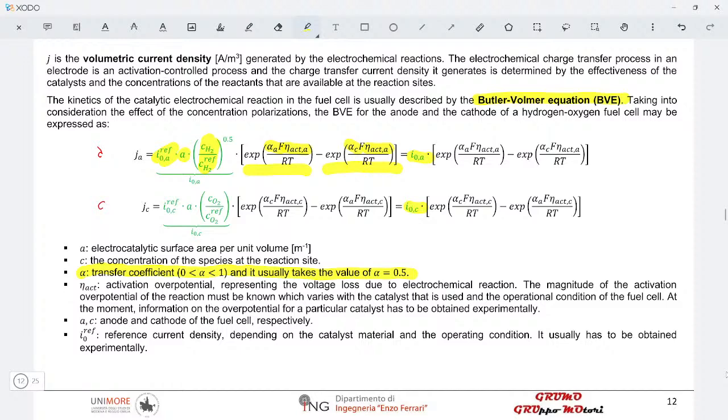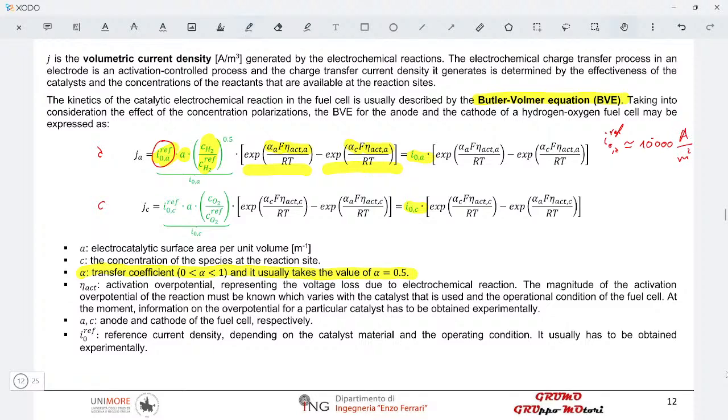And typically, just to give you an order of magnitude, this I0 reference at the anode might be in the order of 10,000 ampere per square meter.